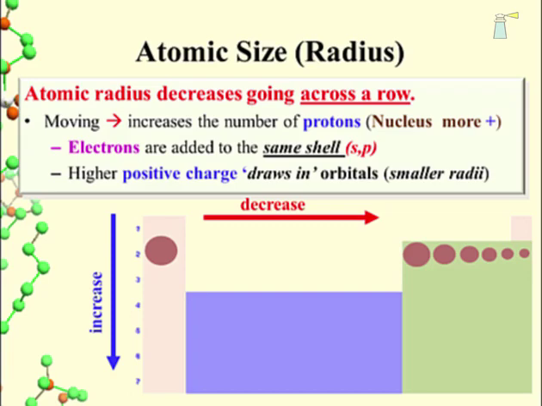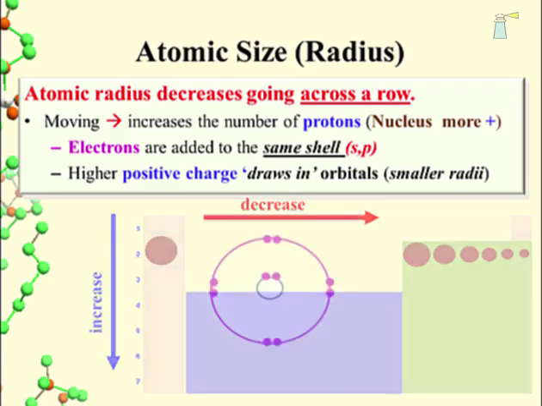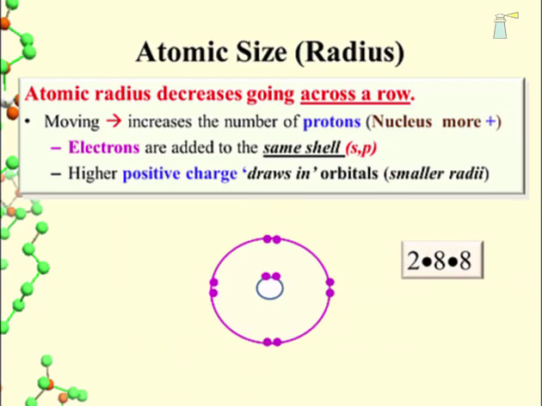A demonstration will help make this point. We will start with a model of the atom based on the octet rule. Up to 2 electrons in the first shell, 8 in the second, and up to 8 in the third. Our demonstration has 10 electrons, 2 in the first shell, 8 in the second. It is neon.